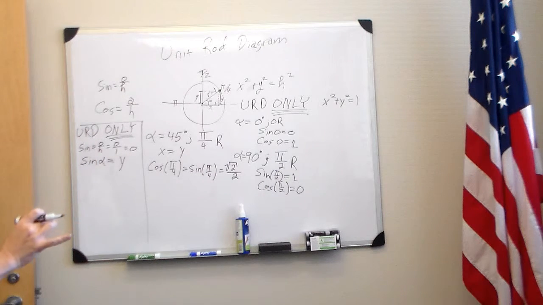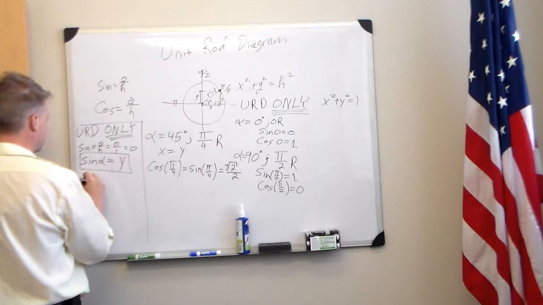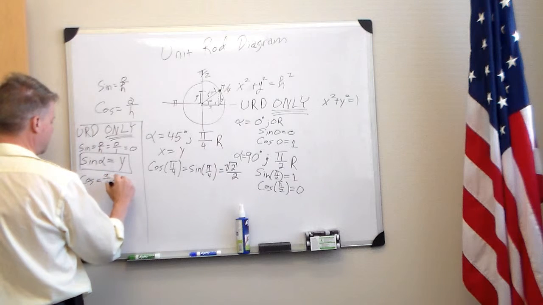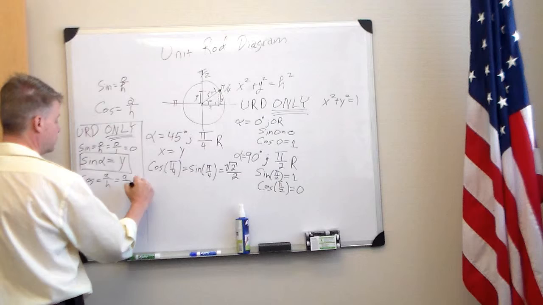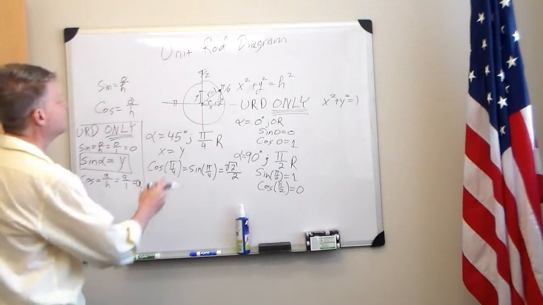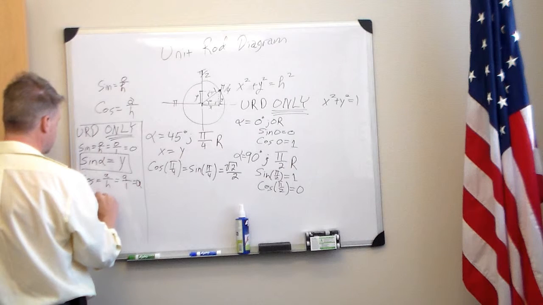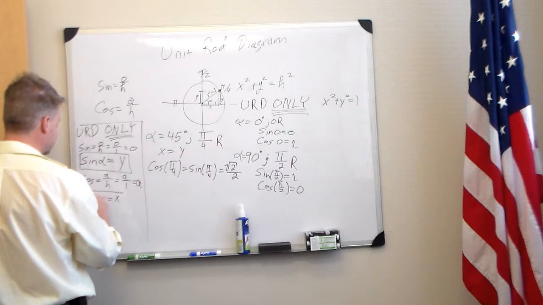Again, I cannot stress that enough. Same thing, we can play the same trick with cosine. It's adjacent over hypotenuse, which is adjacent over 1, which is the adjacent value. The adjacent value is the value of x. So cosine of alpha equals x.